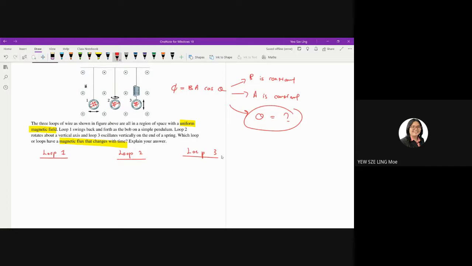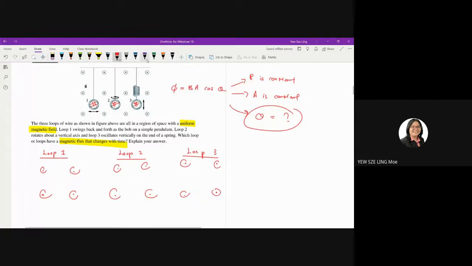I'm going to wash this object. Well, can I wash it like this? Yes, perhaps I can. So loop 1, initial state. This is my magnetic field. I'm going to sketch the magnetic field first. All this magnetic field is out of the page.